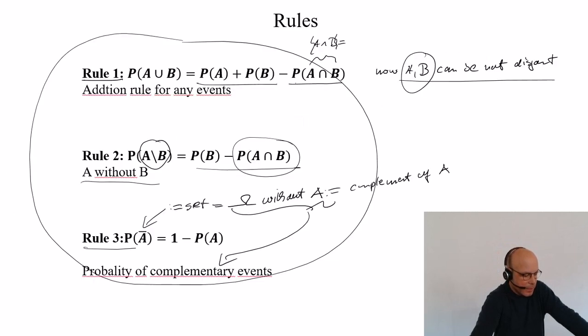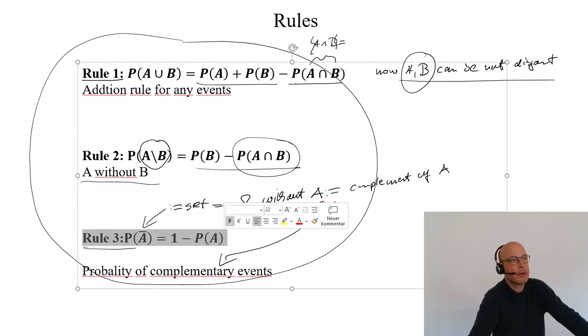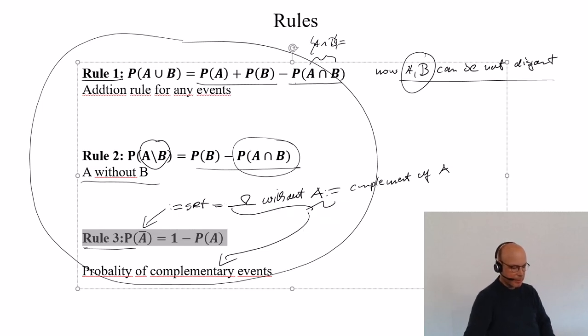So we have here our conditional probability, not conditional, our complementary probability.